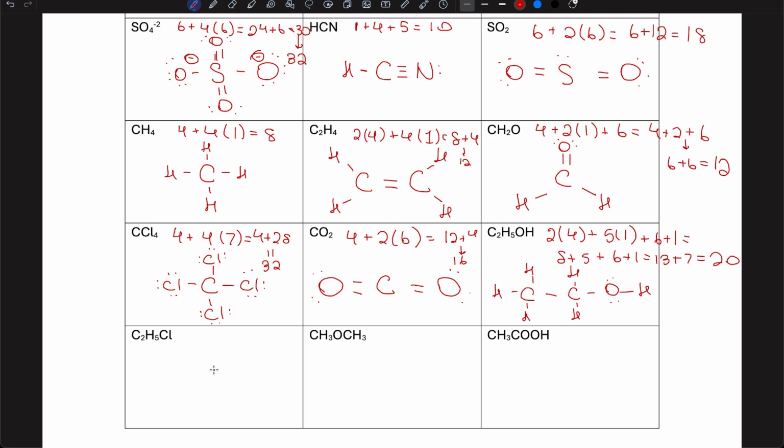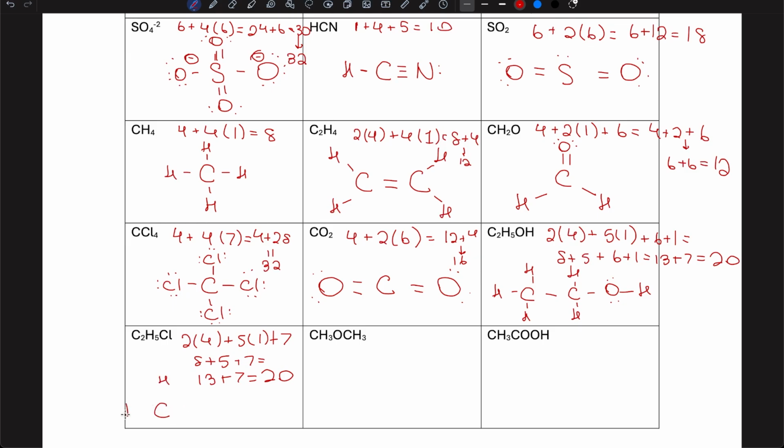In the next problem, something similar, we have 2 times 4 plus 5 times 1 plus 7, so 8 plus 5 plus 7, so we have 13 plus 7, again for a total of 20 valence electrons. Let's try to organize everything how it wants to be.